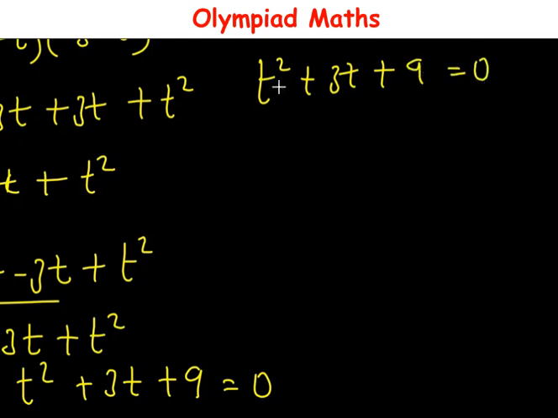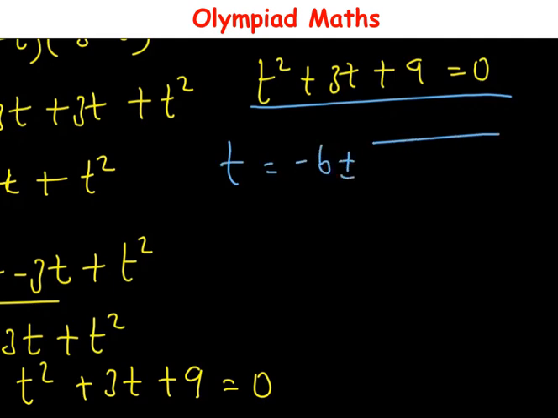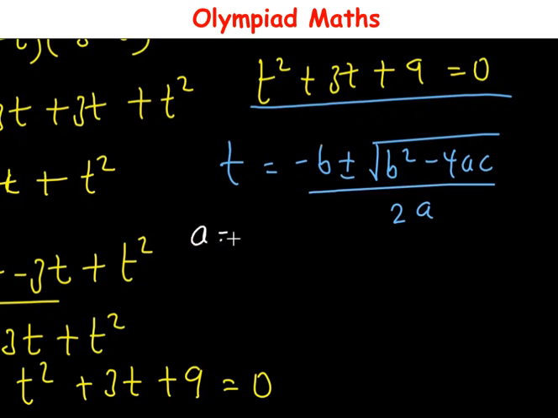Now looking at this quadratic equation, to solve for the value of t, we're going to make use of the quadratic formula. The formula is given by t is equal to minus b plus or minus square root b squared minus 4ac all over 2a. In this case, the value of a is the coefficient of t squared, which is 1.